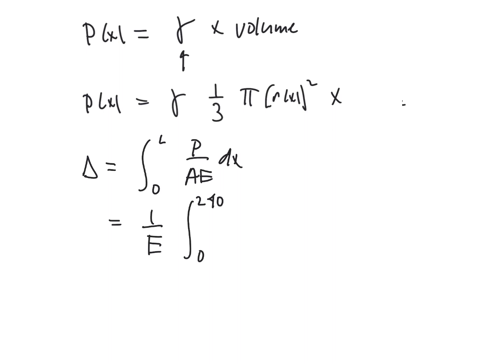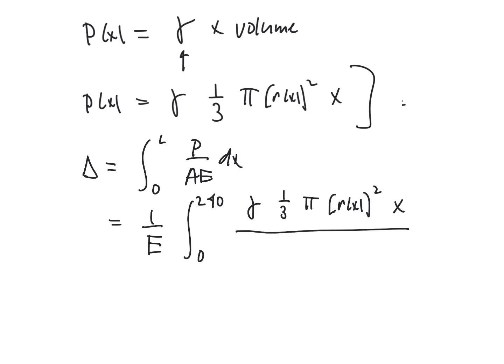P of x is just this, so we'll put that upstairs. We have gamma times 1/3 pi times r of x squared times x. And then we have the area downstairs. That's going to be pi times r of x, the quantity squared, dx.